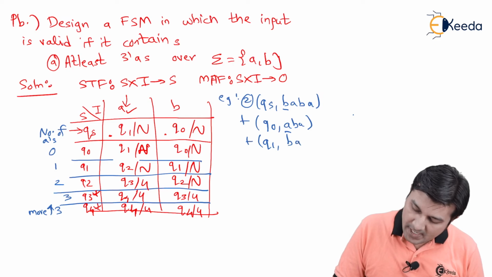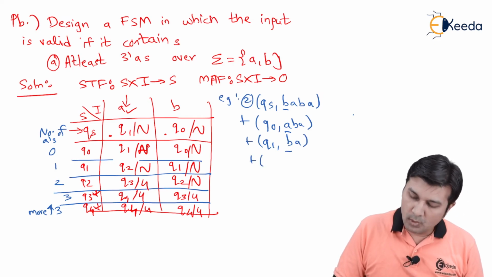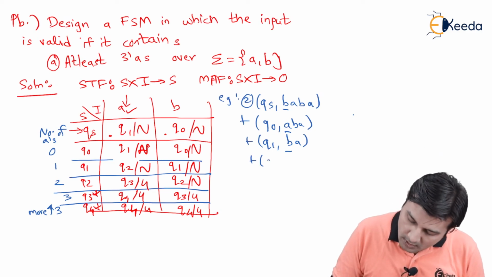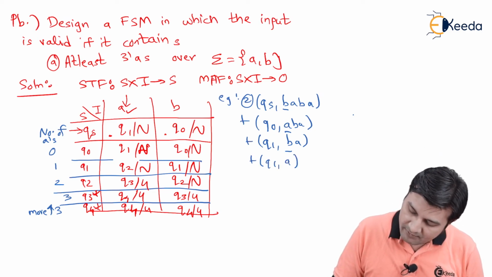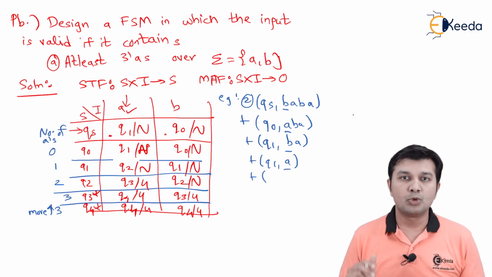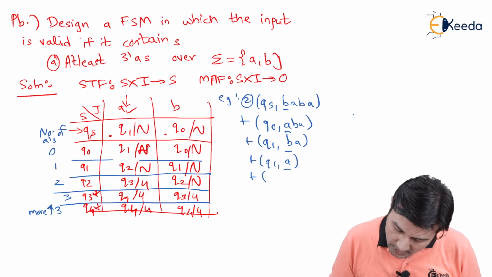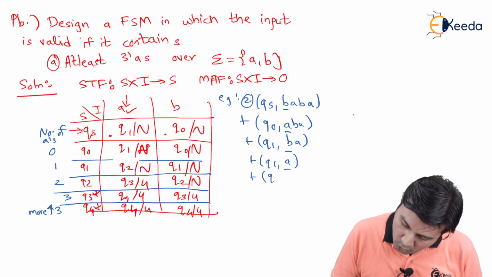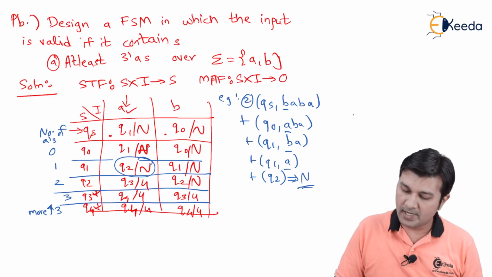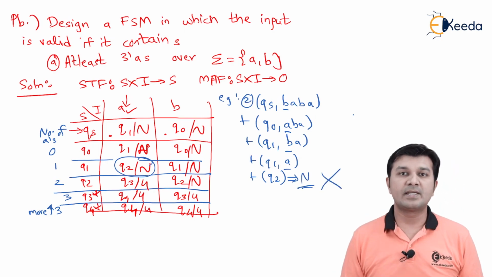I have BA left with me. Q1 on receiving input symbol B remains in Q1. So I have Q1 with A with me, and lastly Q1 on A is going to throw the output. So Q1 on A over here is going to go to Q2, and my Q2 state is giving the output as no. That is, the input will be rejected since the number of A's are lesser than 3.